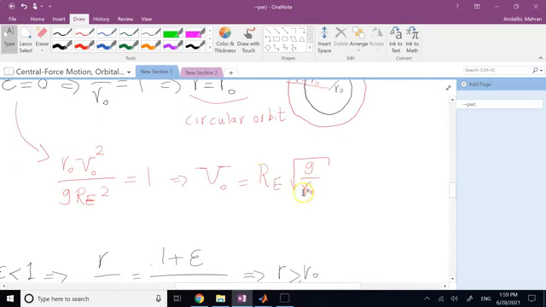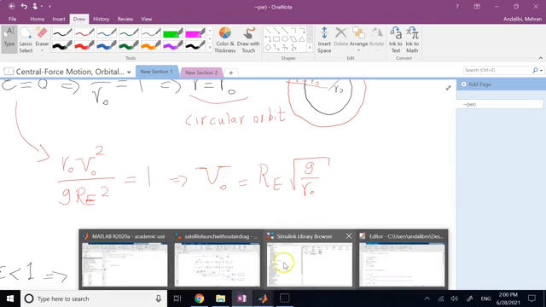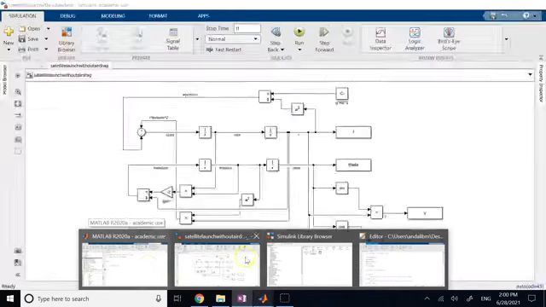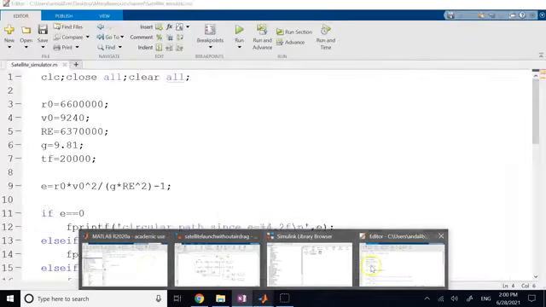It does depend on R0. So when R0 is getting bigger than RE, you will definitely get a smaller required number. So here I don't need as big as 7.9 to make it circular. If I make it 7.9, it should still be elliptic.